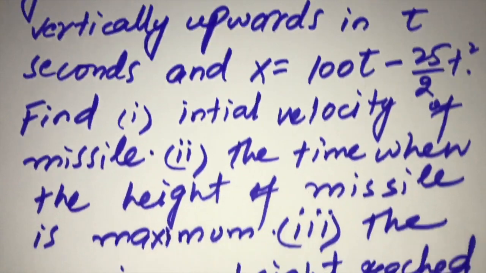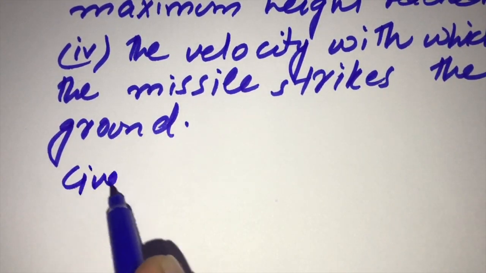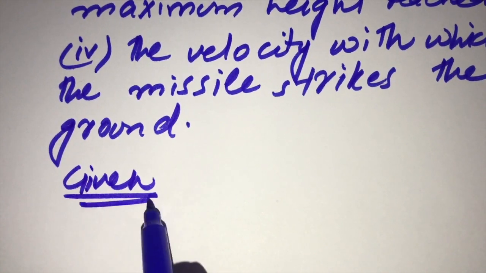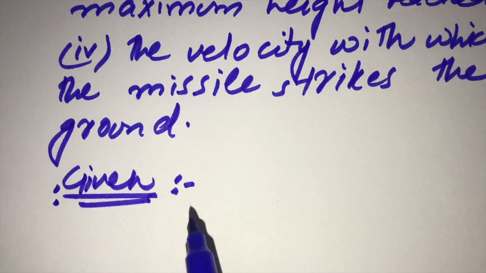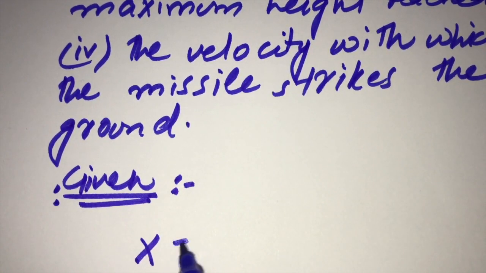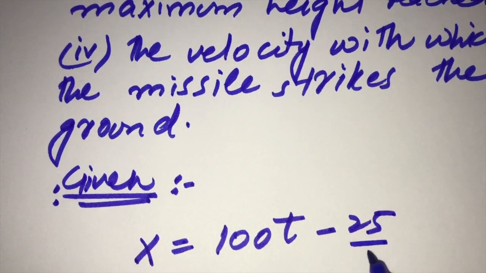So first we are given the function x is equal to 100t minus 25 by 2 t square.